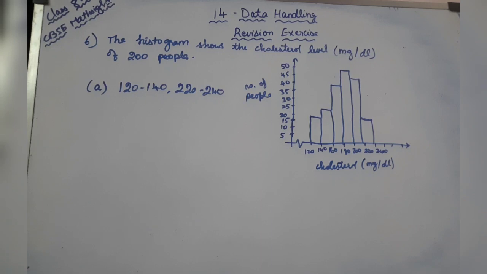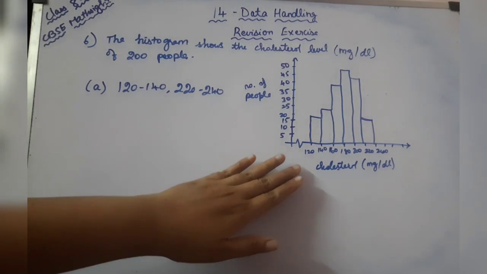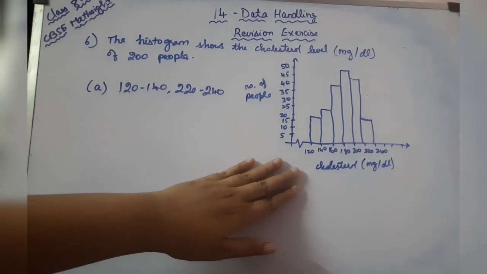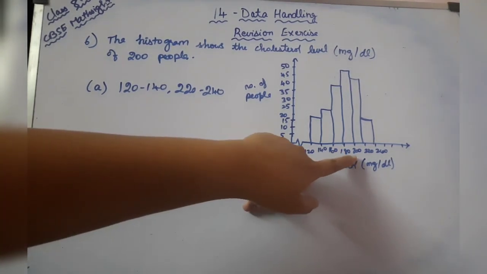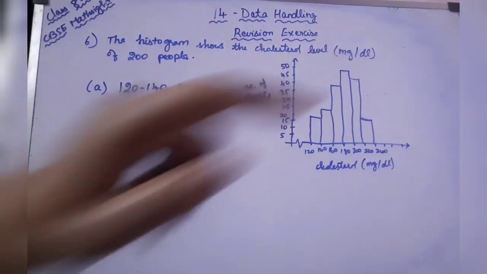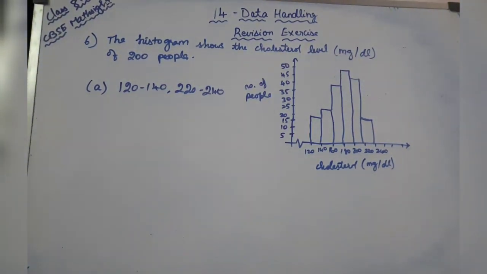B, in which interval is the cholesterol level high? What could be the reason for high cholesterol level? From the given histogram, we can see that in 180 to 200, 50 people have a cholesterol level of 180 to 200 mg.